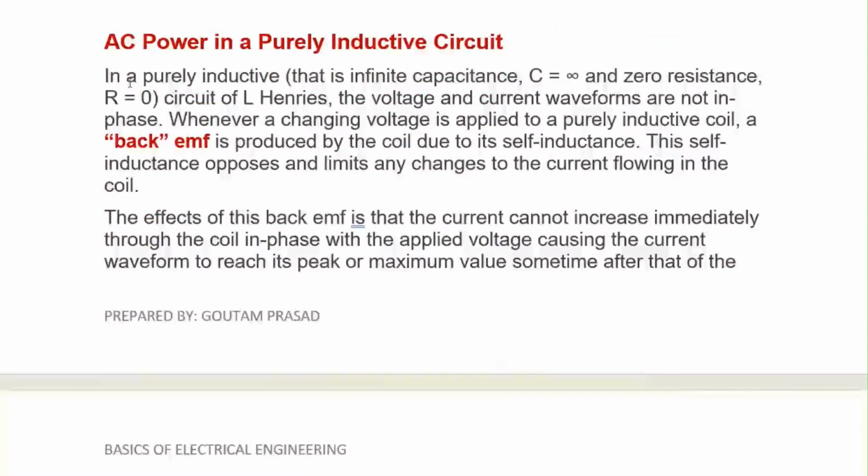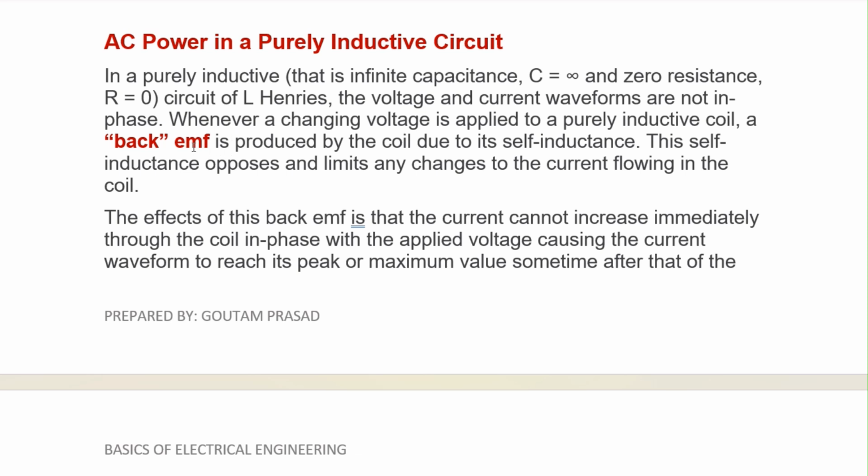Now let's take the case of a purely inductive circuit. In the case of the inductance, when you apply the voltage in a solenoid, flux is set up in the solenoid, and because of the self inductance, it starts opposing the increase of current in the circuit.